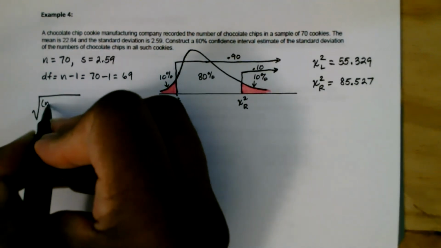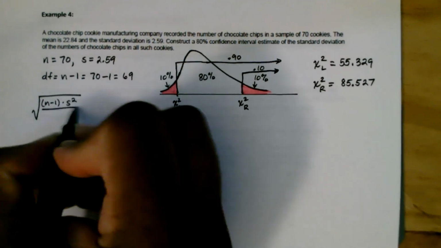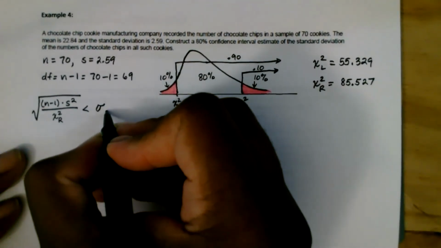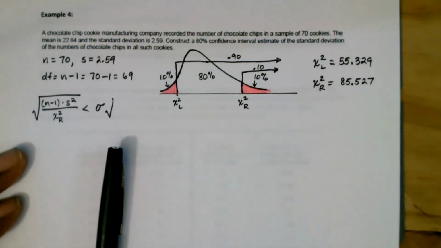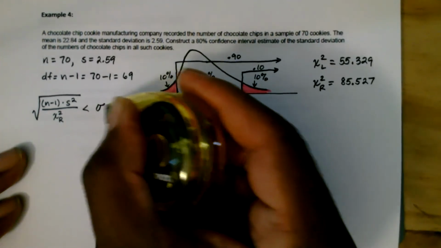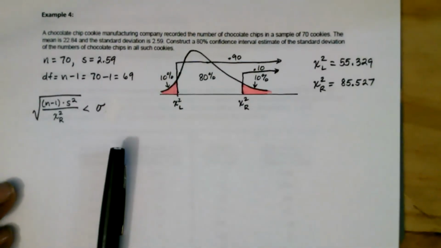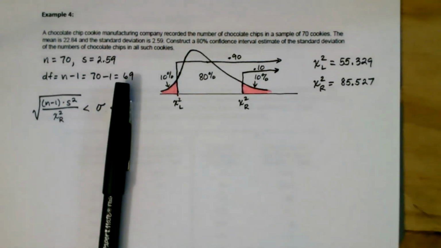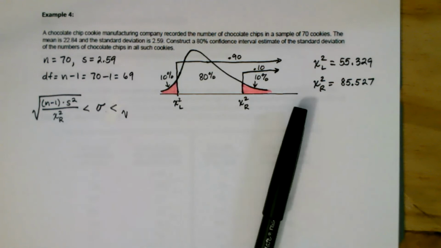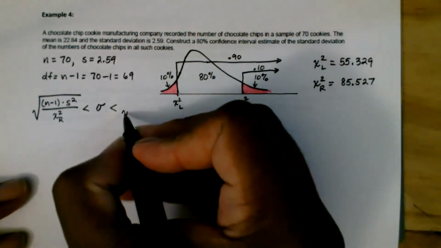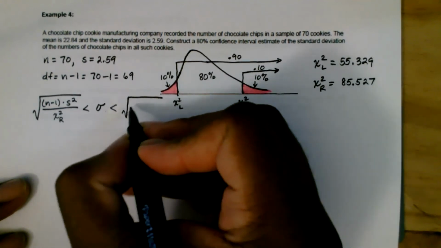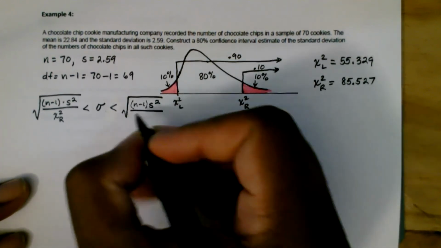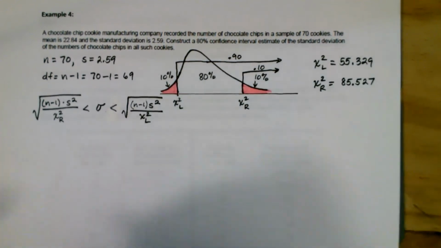That's, of course, the square root of (n minus 1) times s squared, all divided by the chi-square value on the right, less than sigma, less than the square root of (n minus 1) times s squared divided by the chi-square value on the left.